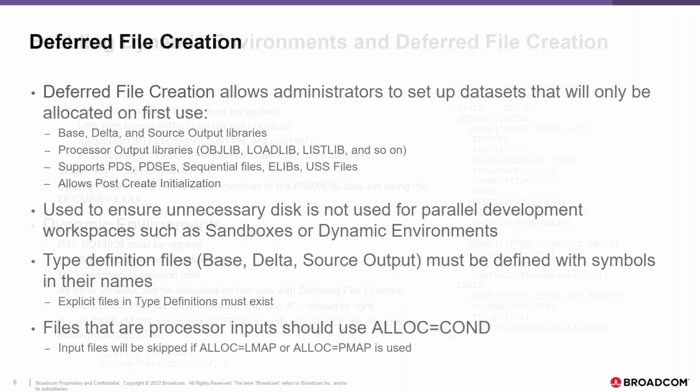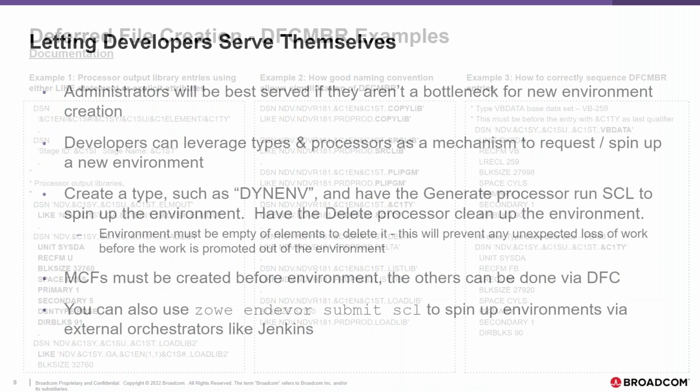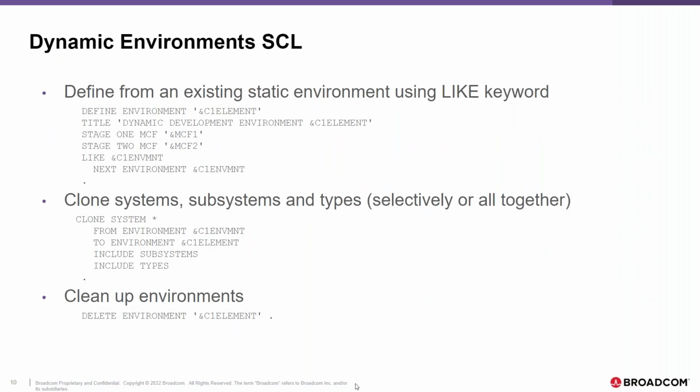Let's see. I think you're asking, let's go to the SCL here. So this is where you define the next environment. I don't know if maybe Václav, did you understand that question? I think it's exactly what you're showing.